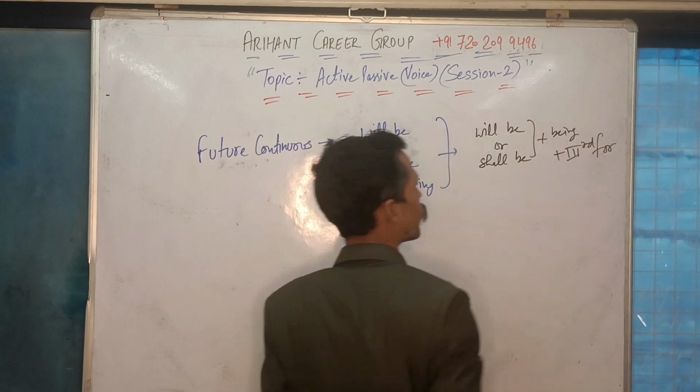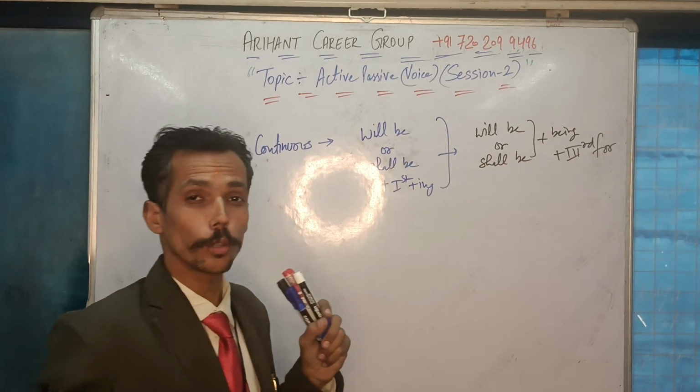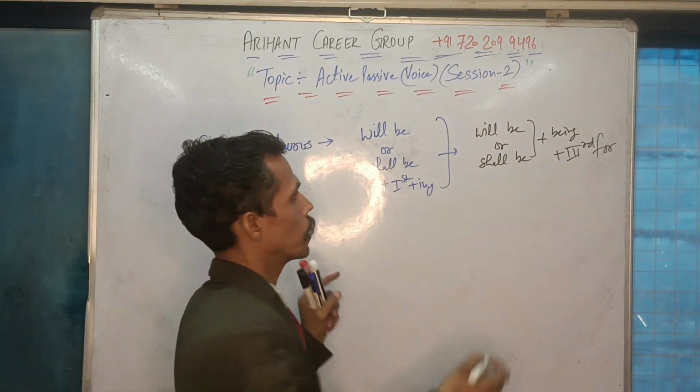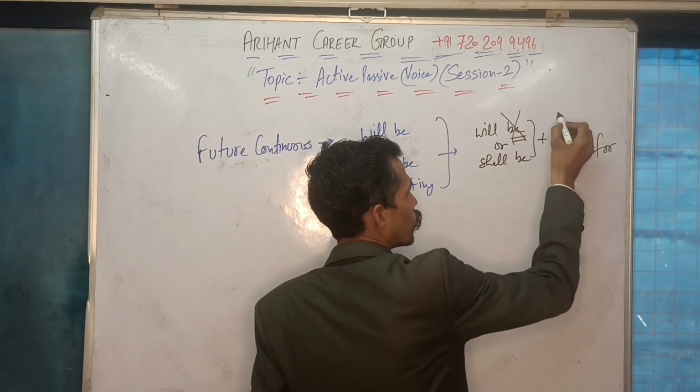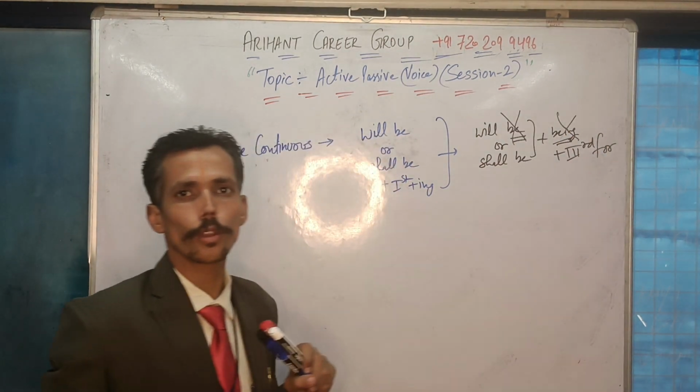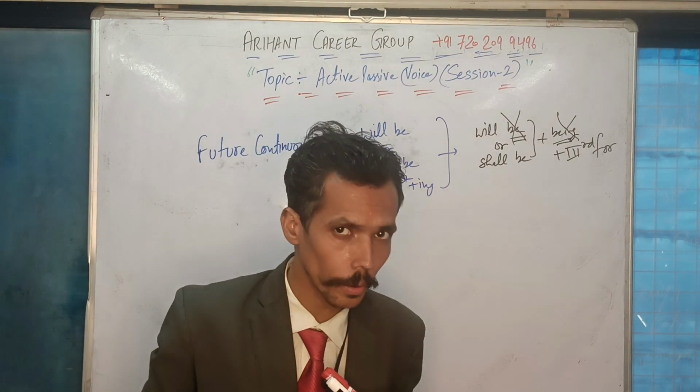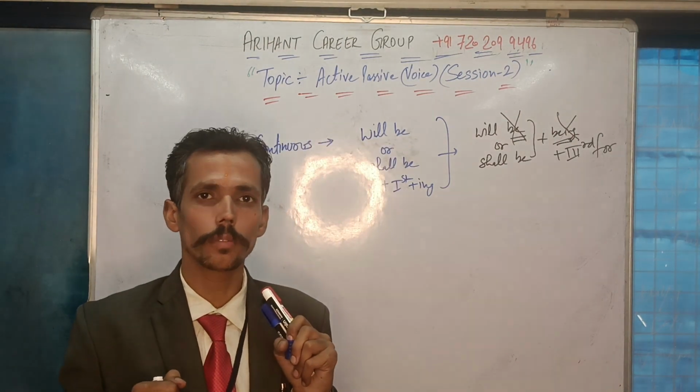So my dear friends, there cannot be any situation where you are using be and being in the same sentence. Either you can use being or you can use be. If you are putting both the words in a sentence, it is not accepted grammatically. There is an error. That's why I wanted to discuss with you earlier.